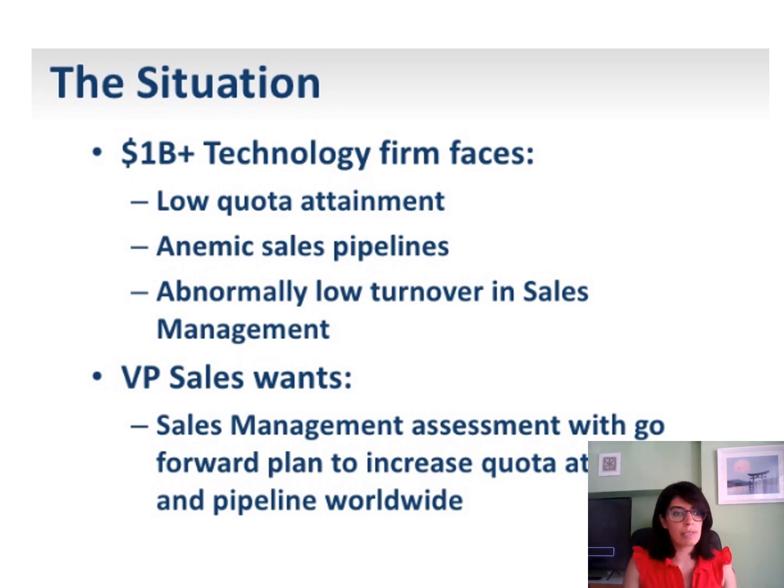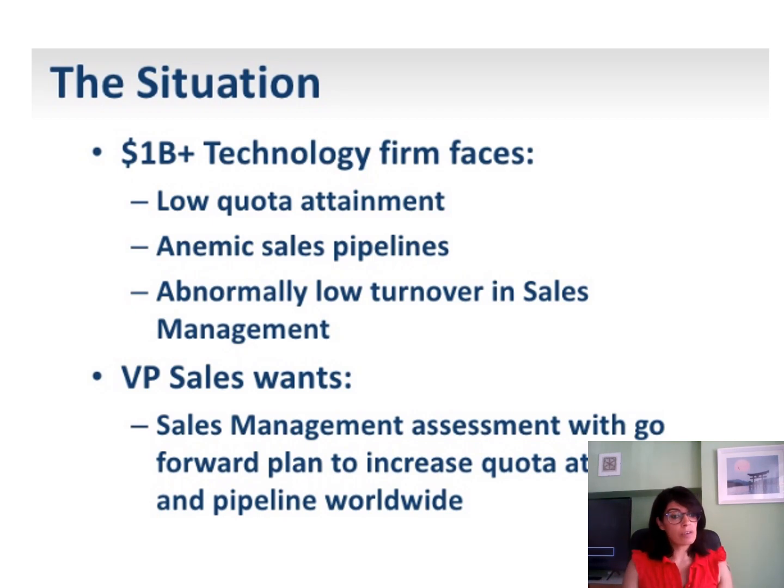So the scenario is that there is a $1 billion plus turnover technology firm, and what they're achieving is a very poor sales pipeline. They're not achieving their sales goals, but they have a very low turnover in the managers in their sales team. So they're not achieving their goals, they don't have many prospects, but they also retain all of their managers.